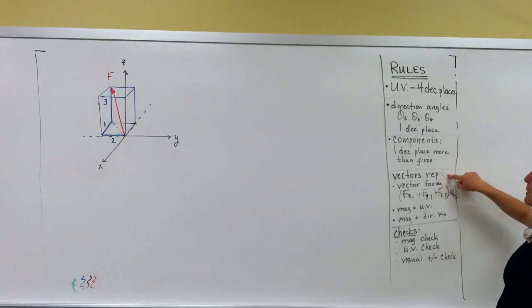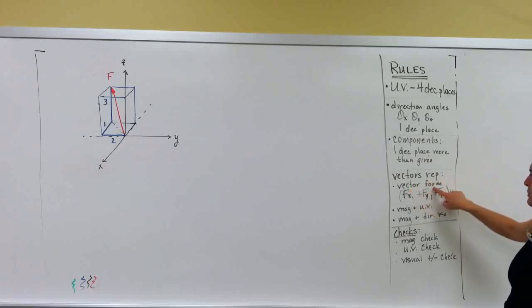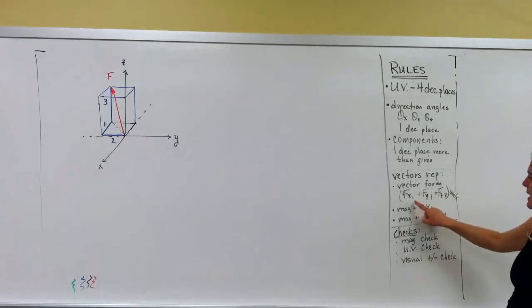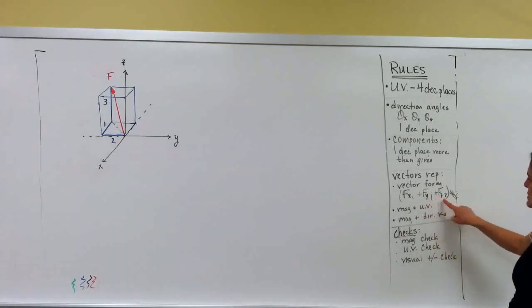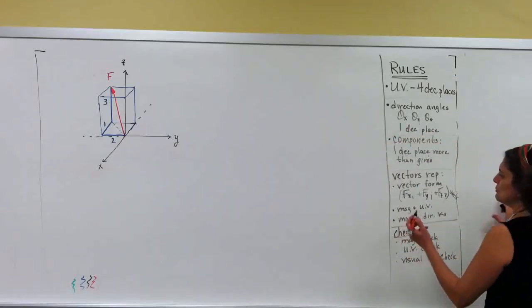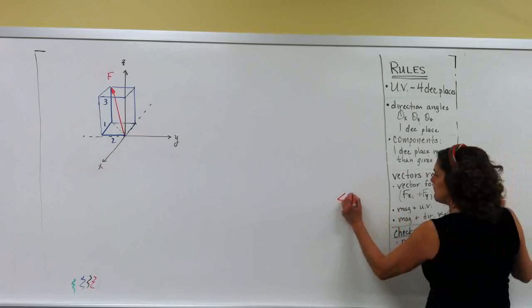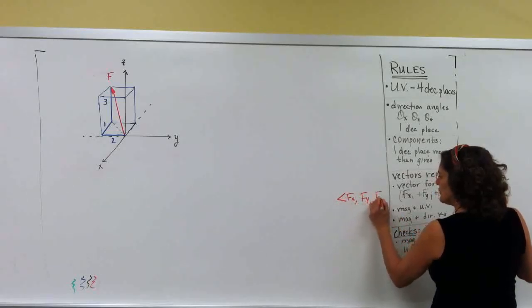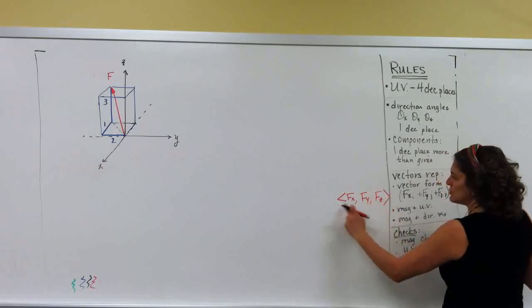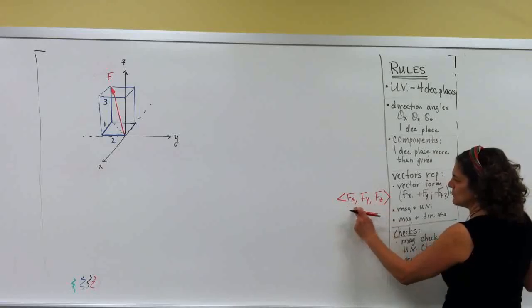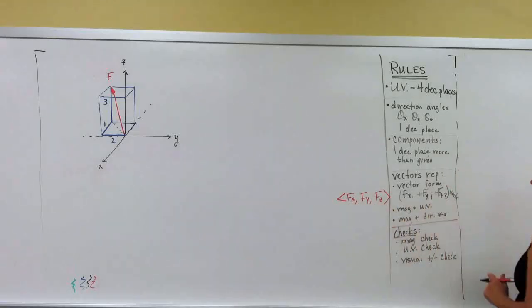We also learned that there are 3 different ways to represent vectors. One is in vector form, which you probably referred to before as Cartesian vector form: Fx i plus Fy j plus Fz k. And I know you've also seen it written this way: Fx, comma, Fy, comma, Fz, with the triangular brackets on the sides, and you do not write i, j, or k.